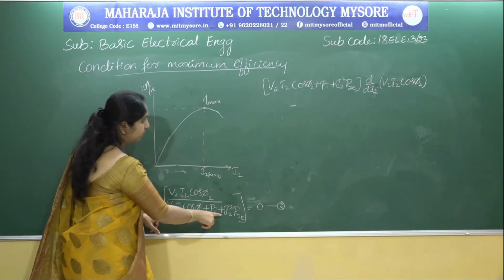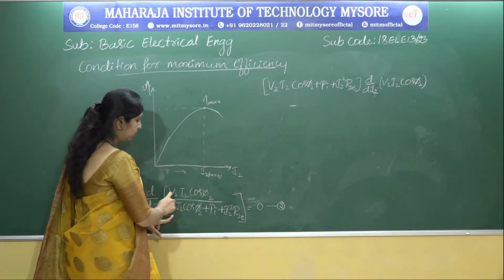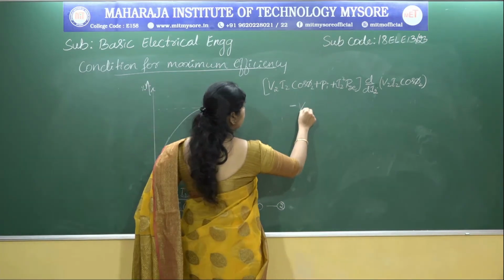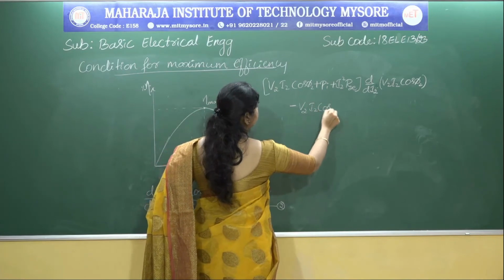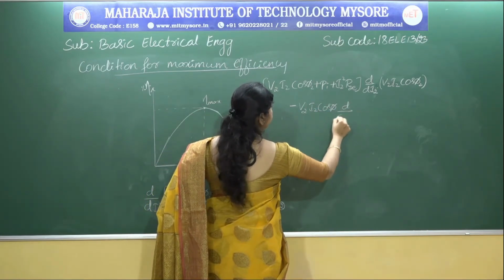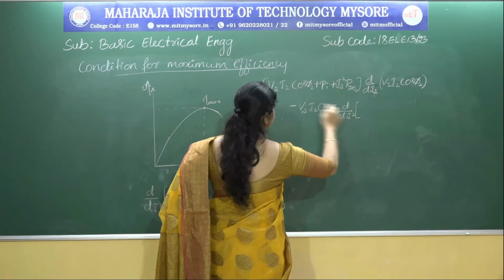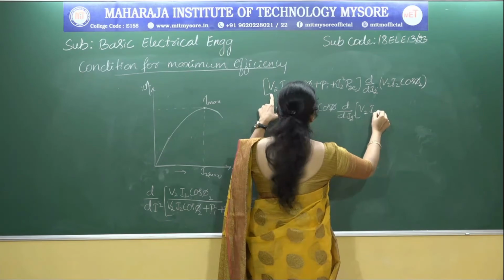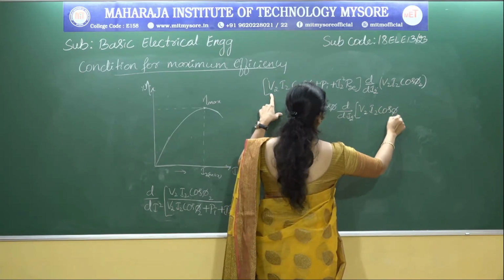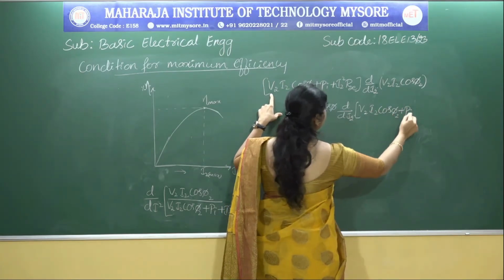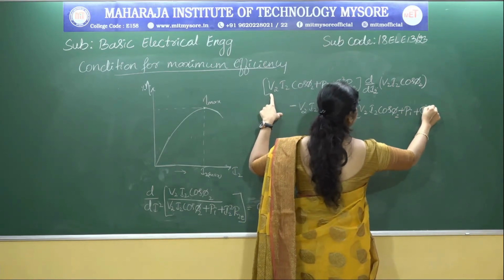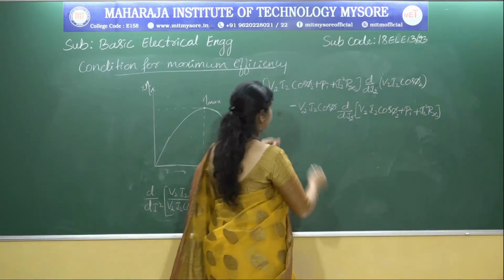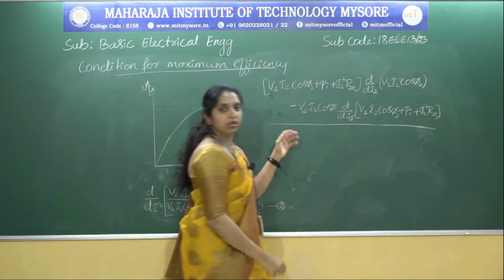Similarly, minus, I keep the second term as it is, V2 I2 cos phi 2, and differentiate the other part with respect to I2, that is V2 I2 cos phi 2 plus Pi plus I2 square R2E.